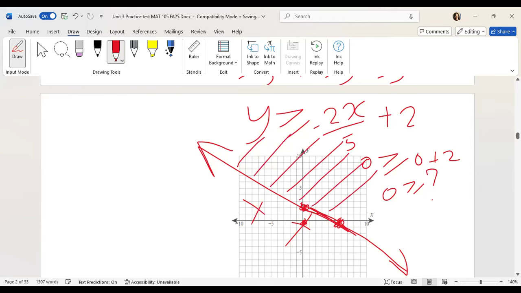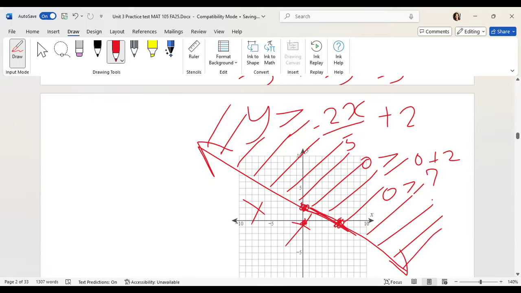Because if the point does not satisfy the inequality from one half plane, then it must satisfy it from the other half plane. There are only two half planes. So I don't even have to pick another point.